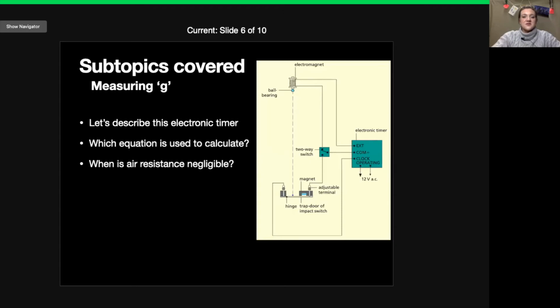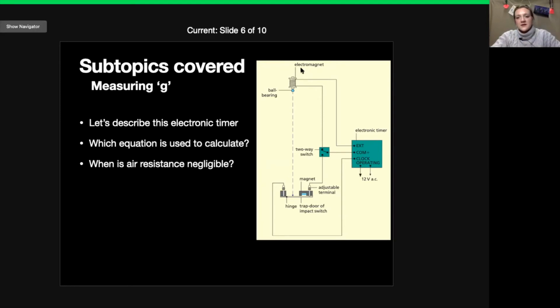So let's describe this electronic timer. Firstly, we have an electromagnet at the top, and a ball bearing. Then we have a switch, which we can switch on and off so that this electromagnet is either magnetized or not magnetized.